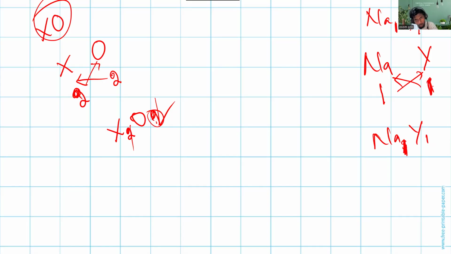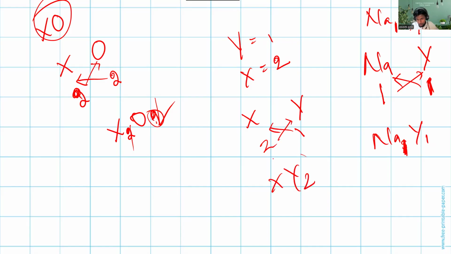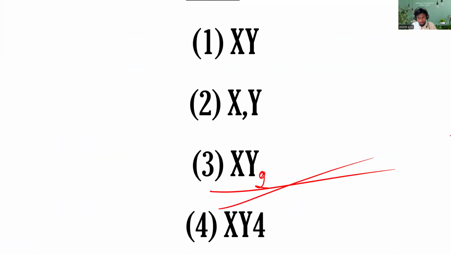So the valency of Y is 1. From these two data, we have found the valency of Y is 1 and the valency of X is 2. From this, we can find the formula of XY. The valency is 2 and the valency is 1, so we multiply across. The answer will be XY2. So here this is the answer.